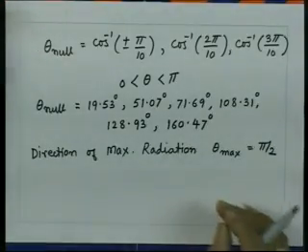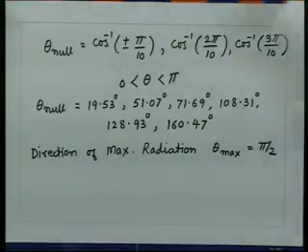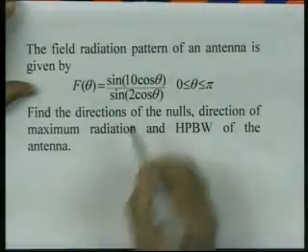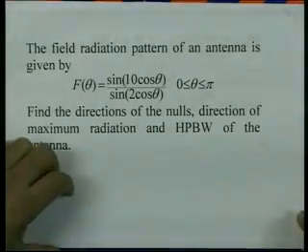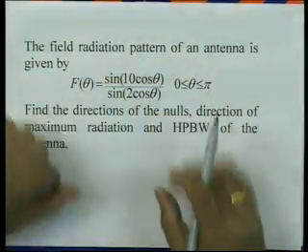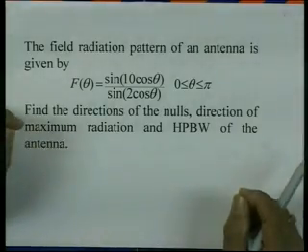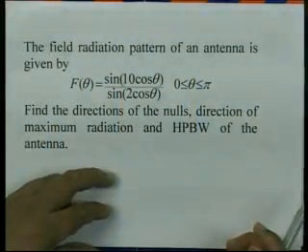Now to find out the half power beam width of the antenna, essentially we have to take this field expression, find out the maximum magnitude which you can get for this field, then find out the angle for which the field will reduce to 1 over root 2 of its maximum value, and the angular difference between these two angles will give the half power beam width.